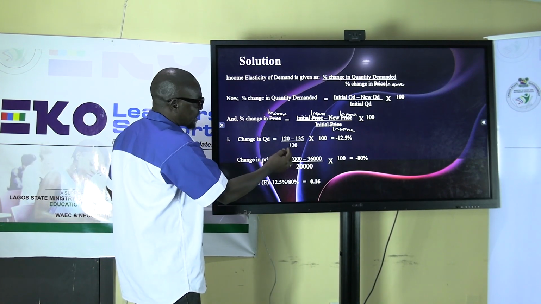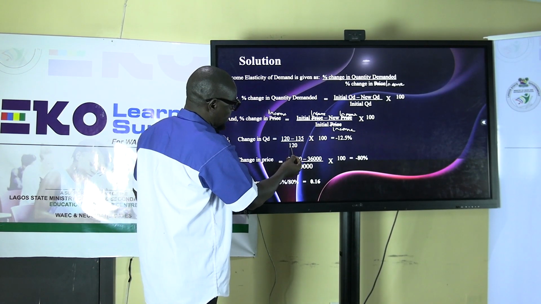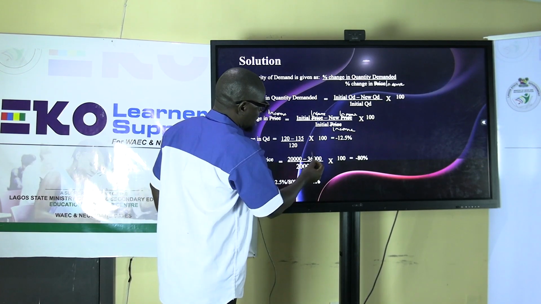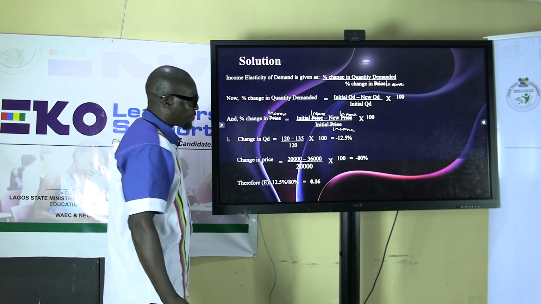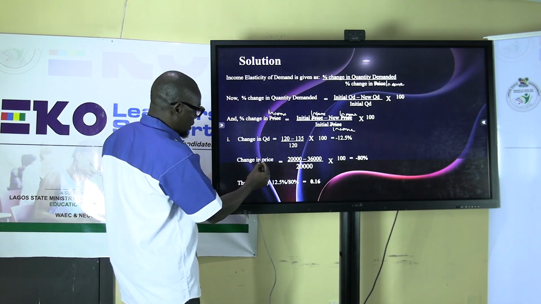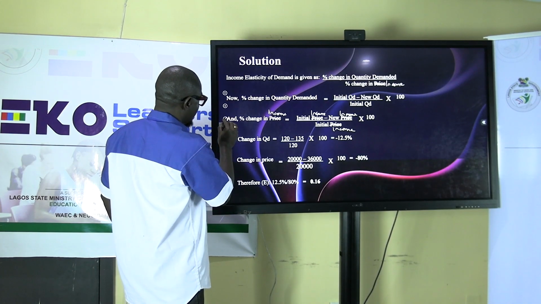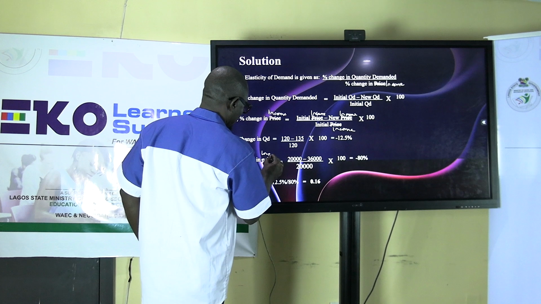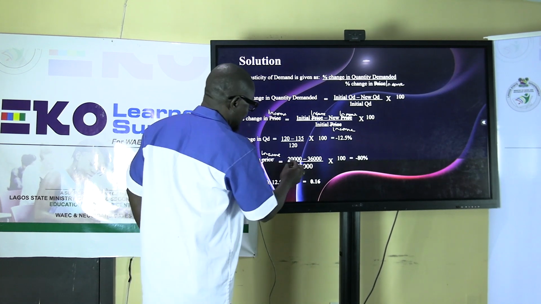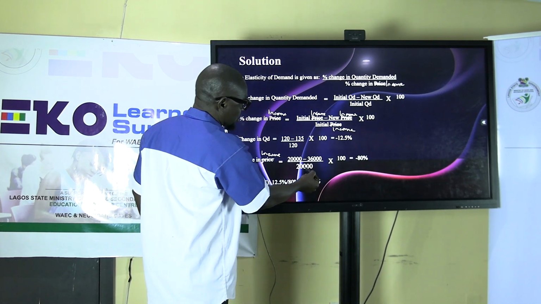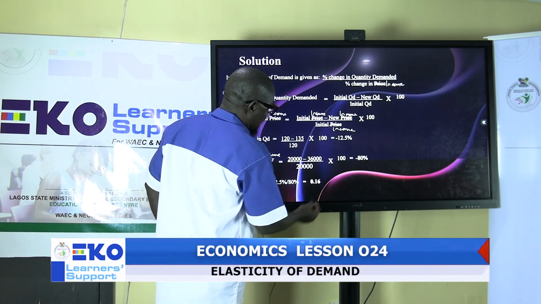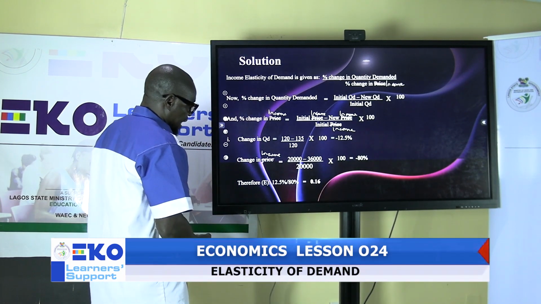So for change in quantity demanded, it is 120 minus 135 divided by 120, going by the formula we have up there and expressed as a percentage, and that gives us 12.5%. And for change in income, it's 20,000 minus 36,000 divided by 20,000, multiplied by 100, which is 80%.